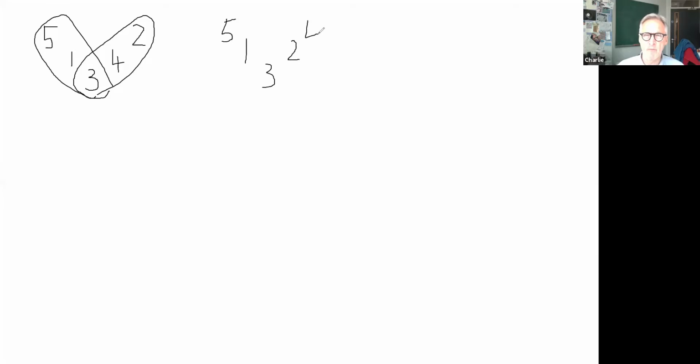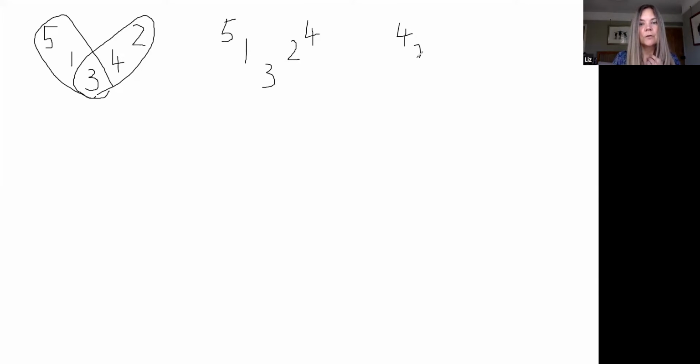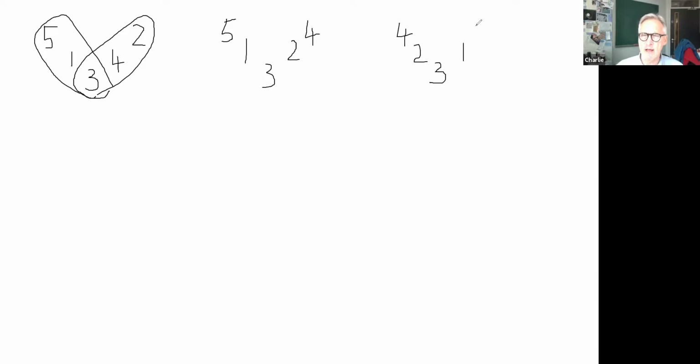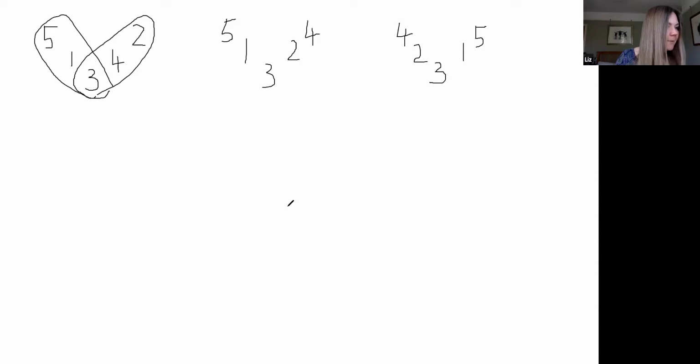Yep. I've also seen one where we've got 4, 2, 3, 1, 5. That also works. Left arm adds up to 9, and so does the right. And let me scan through here. Oh, hang on. Yep. One more.